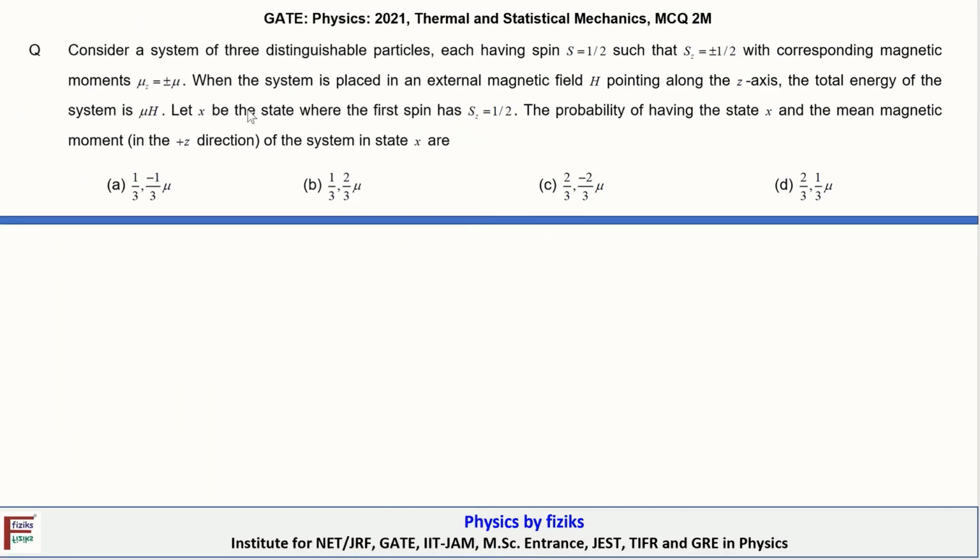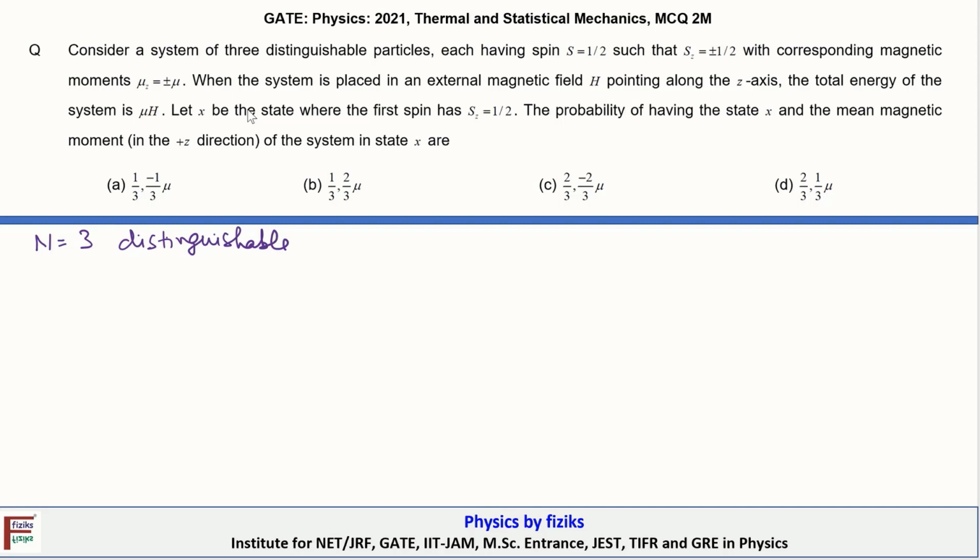So we are given a system of 3 distinguishable particles. That means n is equal to 3 distinguishable particles, each having spin s equal to 1/2.